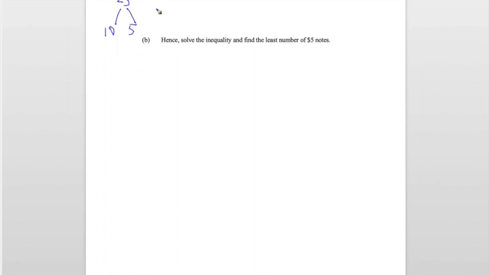Now x is the number of $5 notes. So we have x $5 notes. Therefore we have 23 minus x $10 notes.